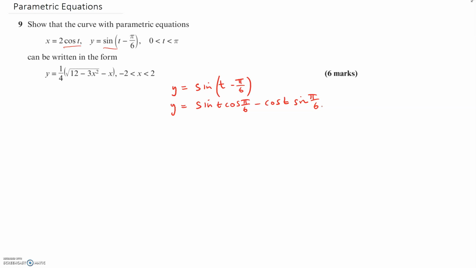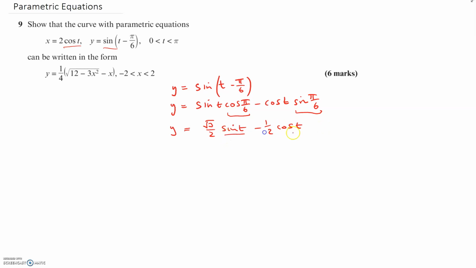What I could do now is evaluate what cos pi by 6 and sine pi by 6 are to simplify all of this. So cos pi by 6 is root 3 over 2, times sine t, and sine pi over 6 is a half. So I get this.